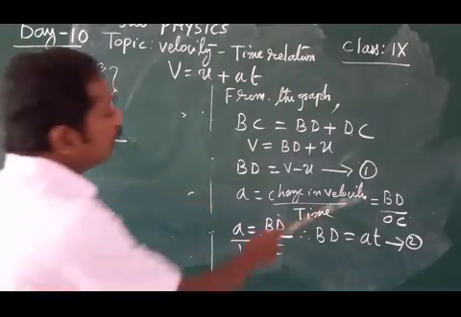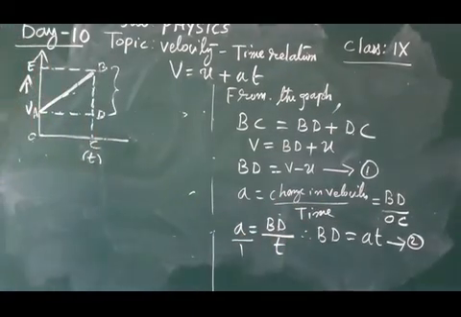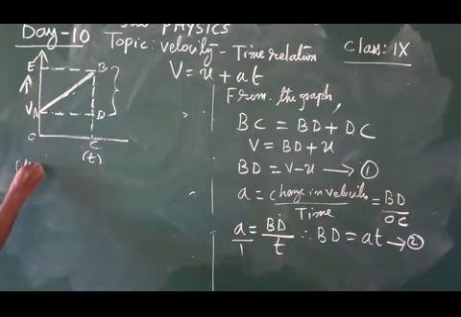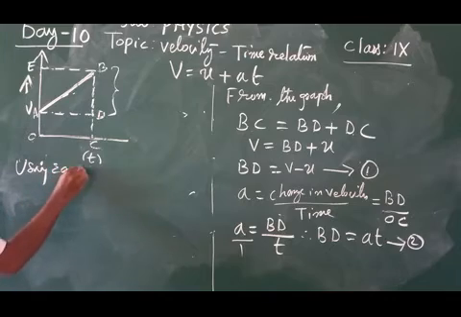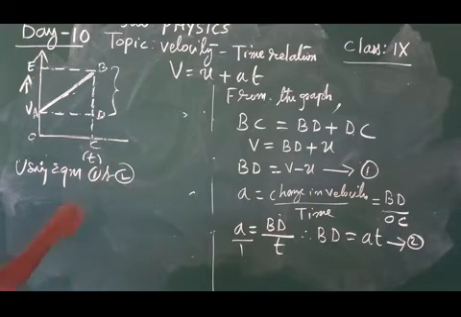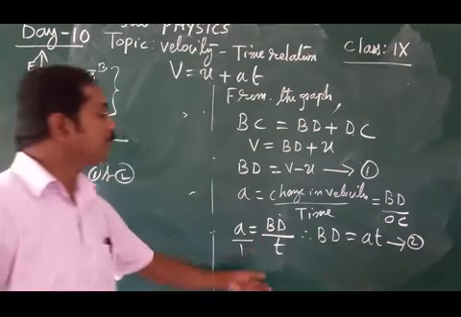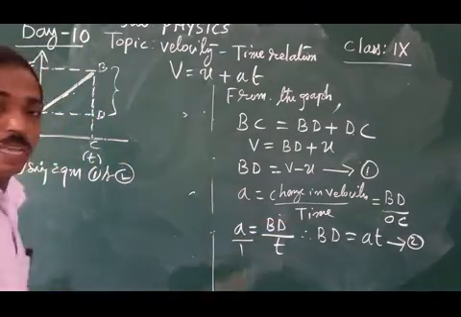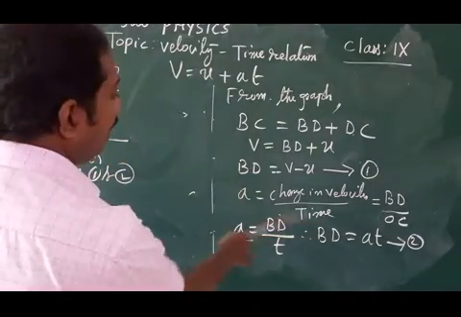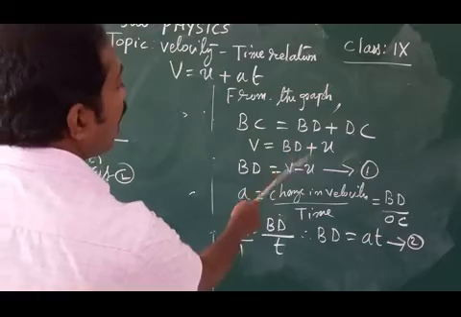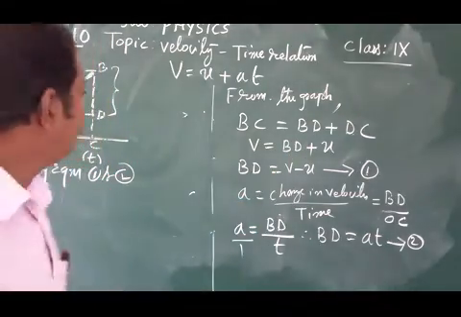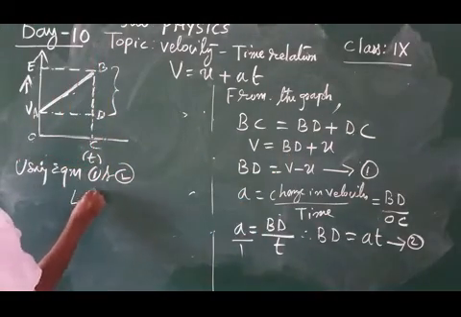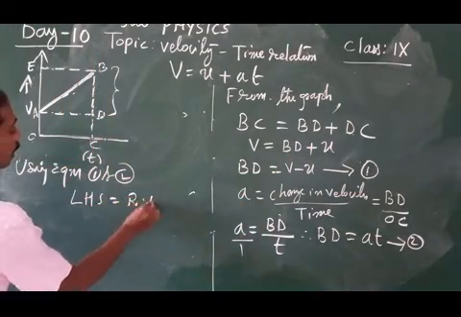When you look at equations 1 and 2, the left hand side is equal, LHS equal, then the right hand side is also equal. If LHS is equal, RHS is also equal.